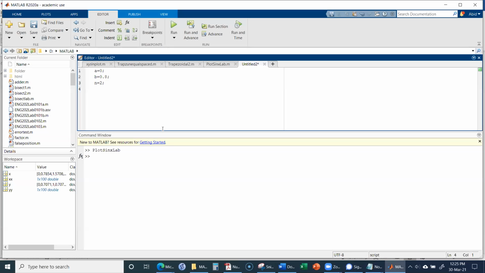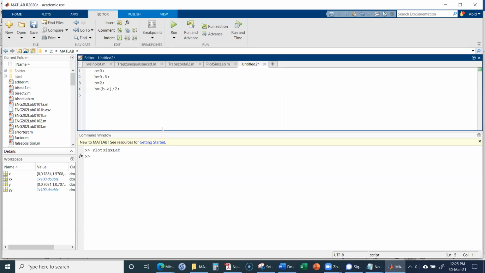So then what is the interval width? The interval width h is equal to (b minus a) divided by 2. I think you accidentally wrote 9 instead of the parentheses. Yeah, okay.